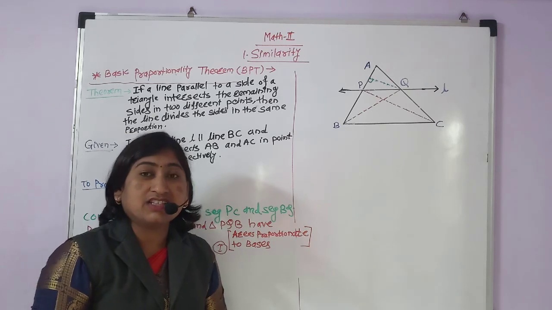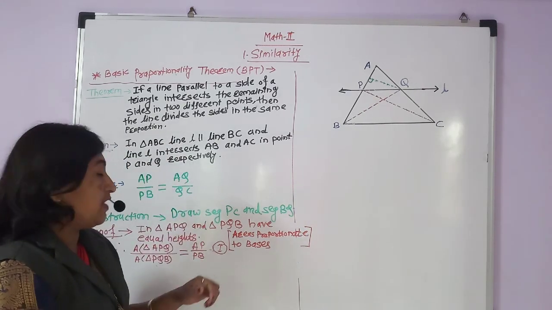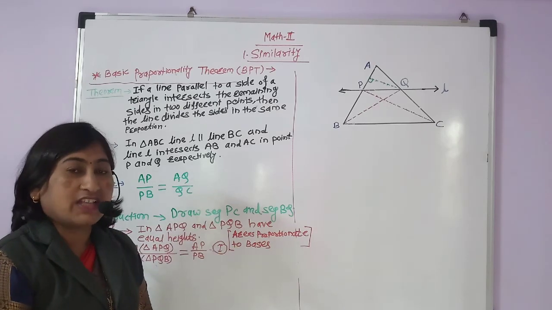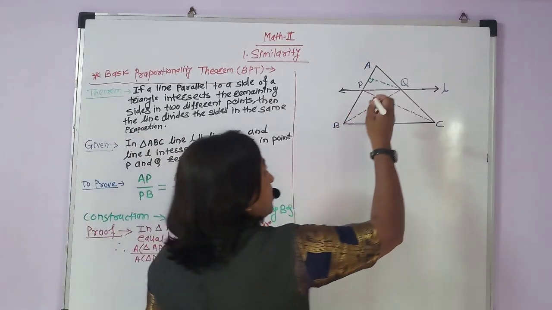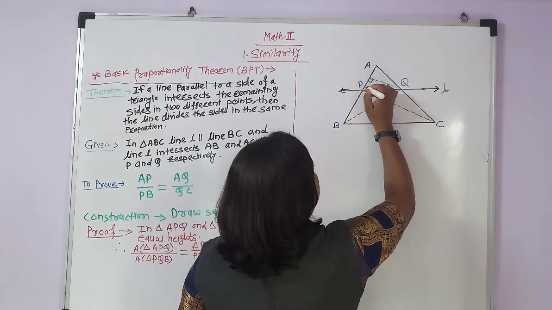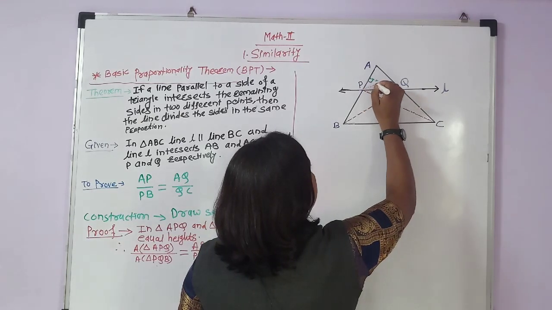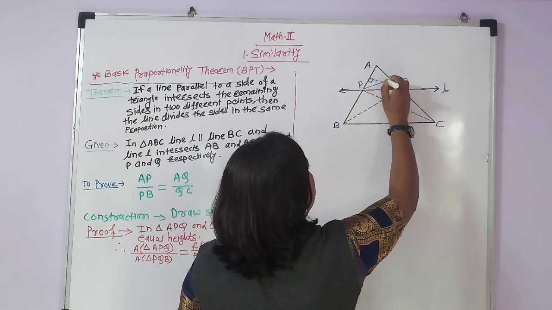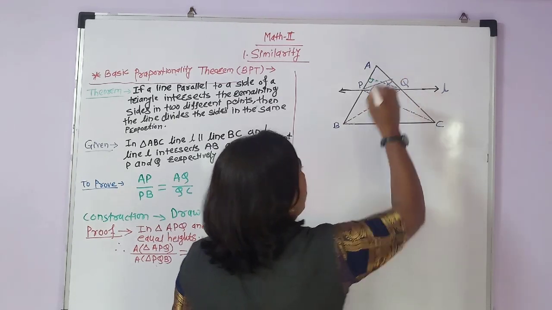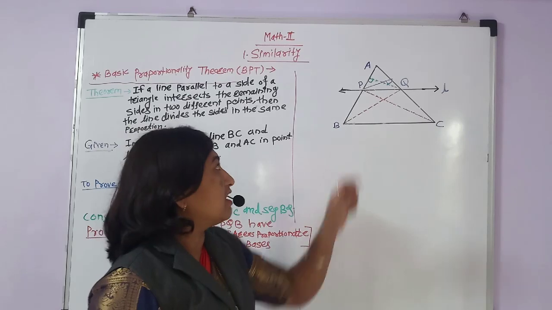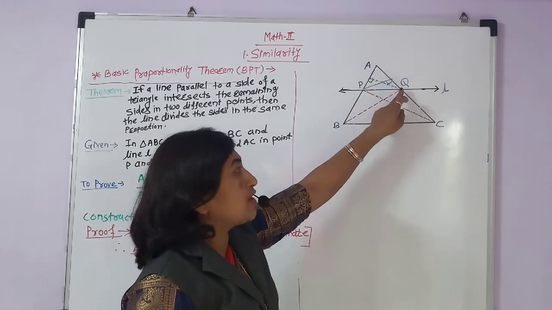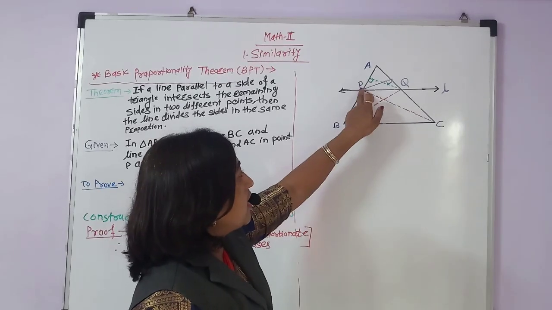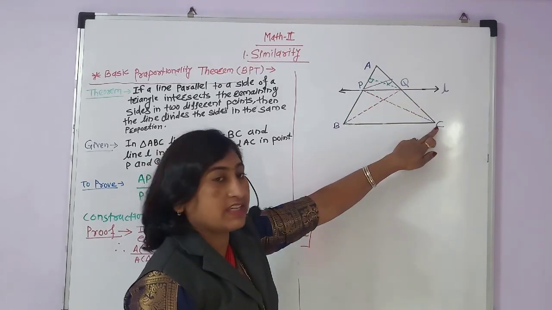Similarly, we can write equation number 2 for these two triangles. For that, we draw another perpendicular height for triangle APQ and also triangle PQC.